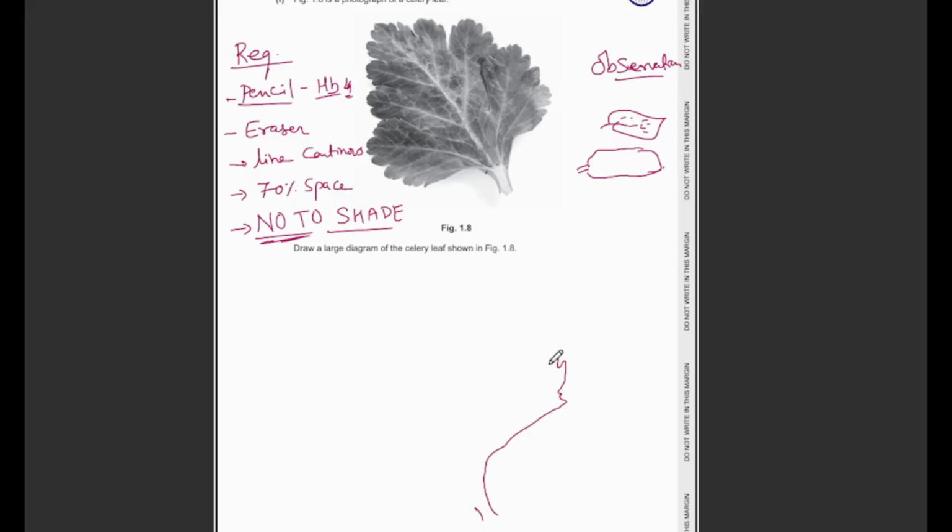Okay, did I make it? This point is very important here. Why is it important? They see how you are observing the image. The cleft should be there.